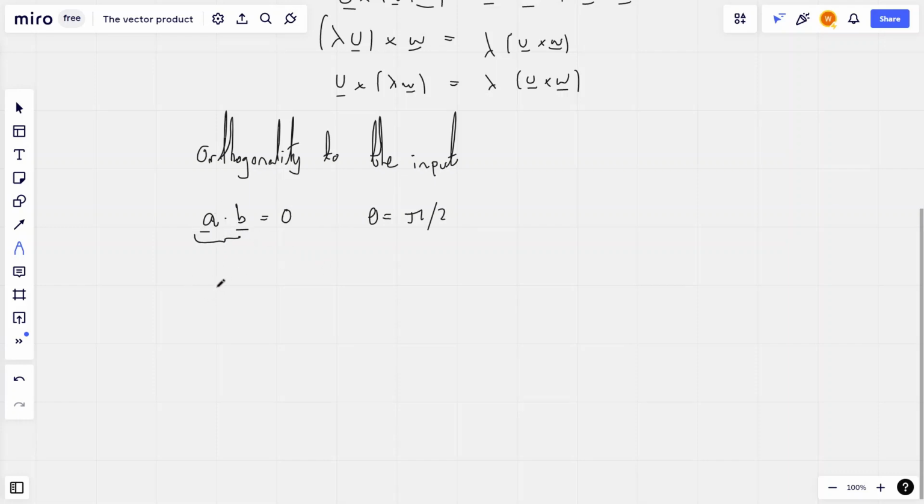So what this means is that if we take some vector v and dot it with v times w, this is going to be equal to 0, because this produces a vector that is orthogonal to both v and to w. Similarly, if we have w dot v times w, this is also equal to 0.